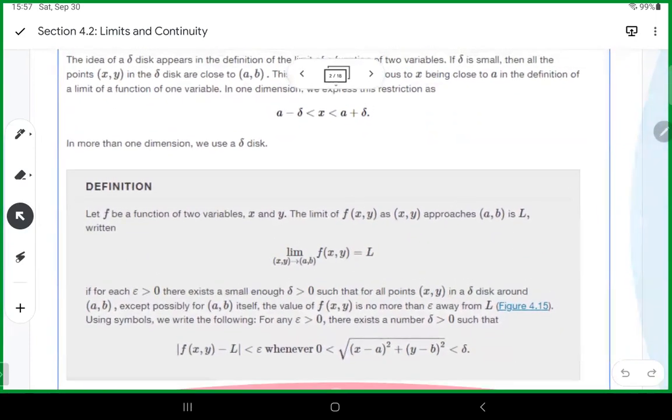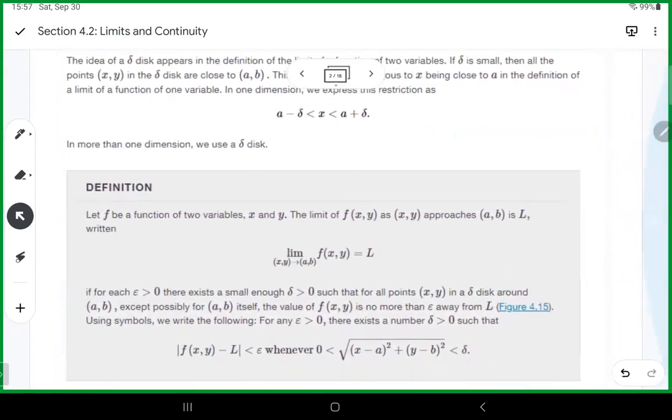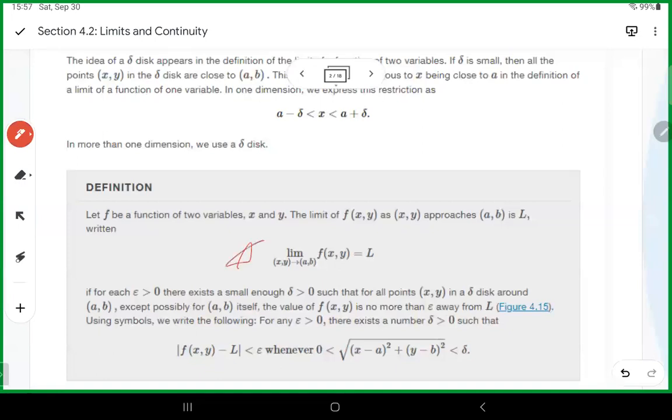So here's our definition. Let f be a function of 2 variables, x and y. The limit of f of (x, y) as (x, y) approaches (a, b) is L, written as the following. So you would want to write this down.